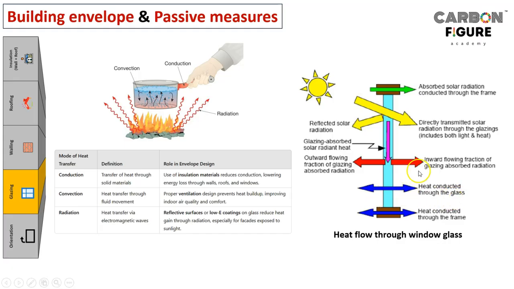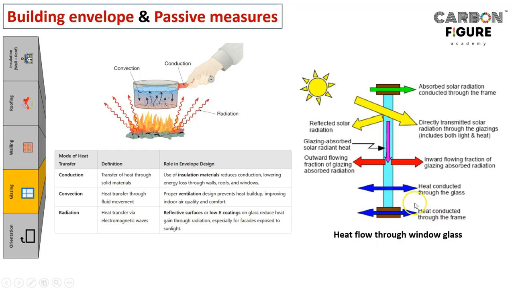Then heat conducted through the glass, right? It is again the same thing happening, or in a generic manner they are mentioning conducted through the glass, through the frame, right? Then heat conducted through the frame. So what we can understand cumulatively is the bottom two are the ultimate heat gain routes: heat conducted through the glass and heat conducted through the frame.